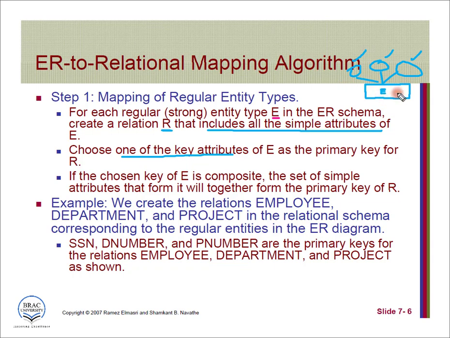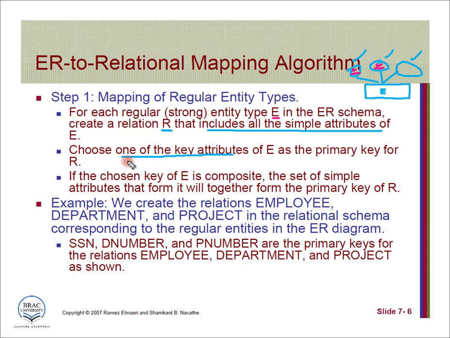For example, if this is a department entity with the attribute department name and another attribute department number, both are unique attributes, but when we convert this entity into its corresponding schema, we will make any one of them the primary key, not both of them. We don't need both of them. If we use only one of them, that is enough for us to distinguish all the departments.